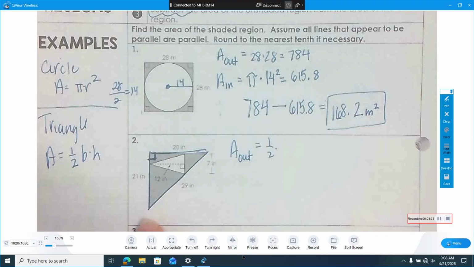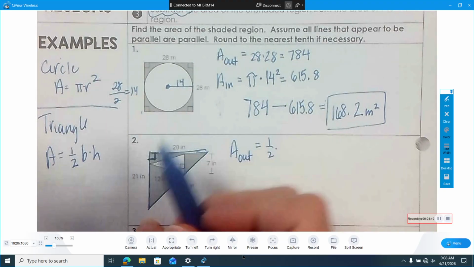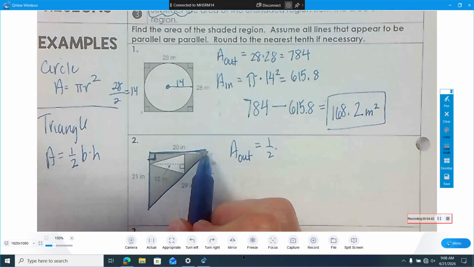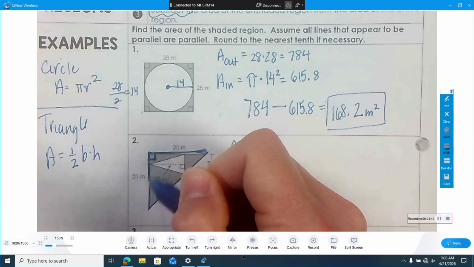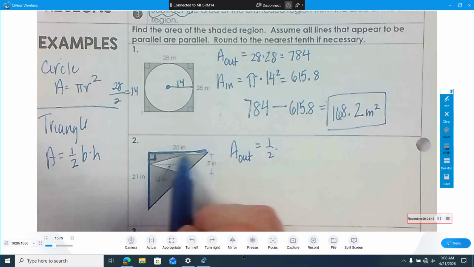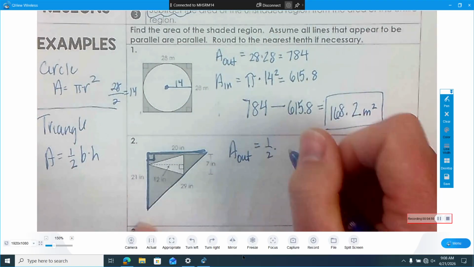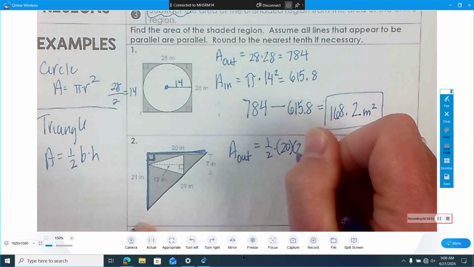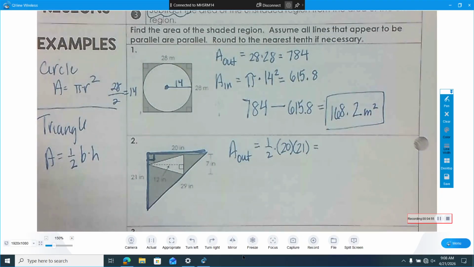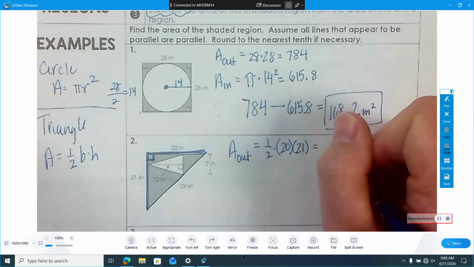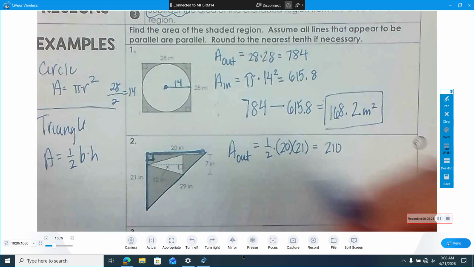And so what's our base and what's our height? Yeah, the base and height always have to be connected by that right angle, or an assumed right angle. So the base and the height would be 20 and 21. Does the order matter? It doesn't matter, because that's the commutative property. All right, that's 210.